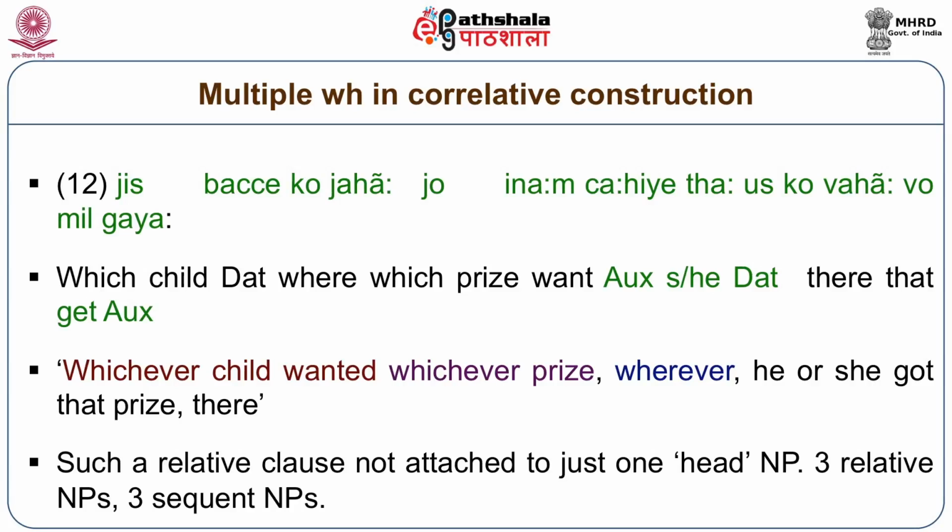This is a correlative structure, and you can immediately see, it was noticed by generative syntacticians in the 1970s, that such a structure cannot possibly conform to the model that NP dominates NP and S, and the S is attached to the NP. Why is that impossible?